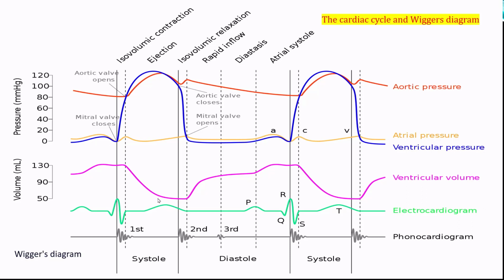The downward curve shows repolarization of the ventricle or an increase in the volume of the ventricle. So let's discuss them one by one. The other things here are the ECG graph and the first, second, and third heart sounds which are produced during the cardiac cycle. So let's discuss them in detail.